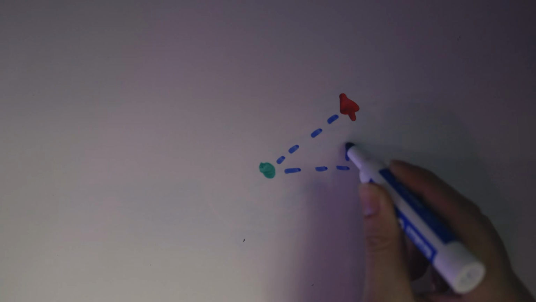Well, how do we get the angle of this right here? If we start moving our pointer upwards in this direction, this angle is going to increase. This is the one we need to get. And to get this, we need to know the x and y distance from here to here.